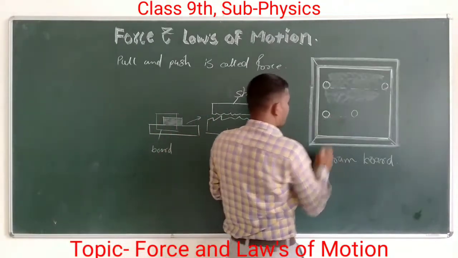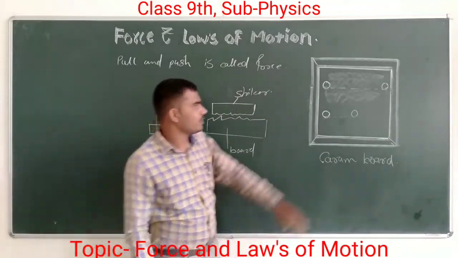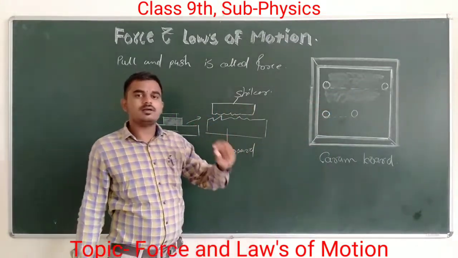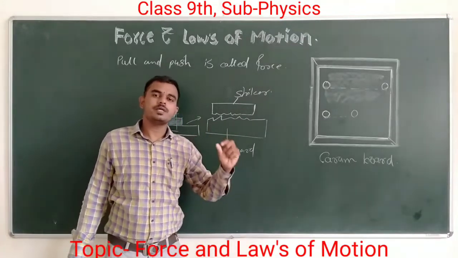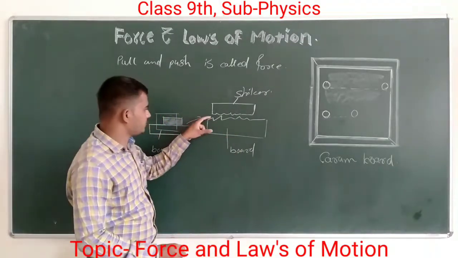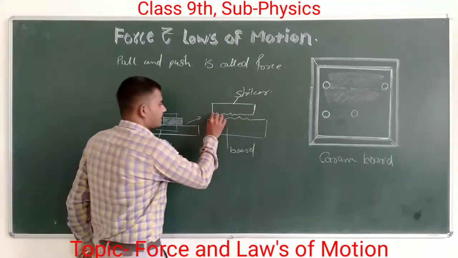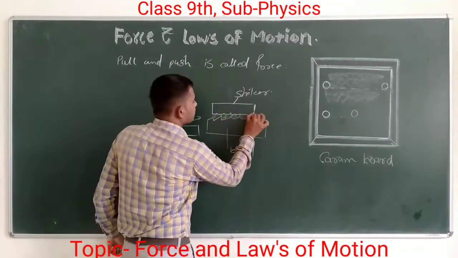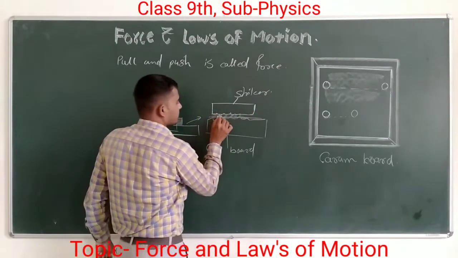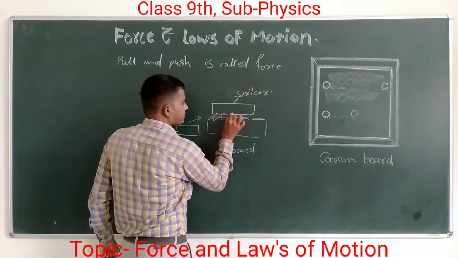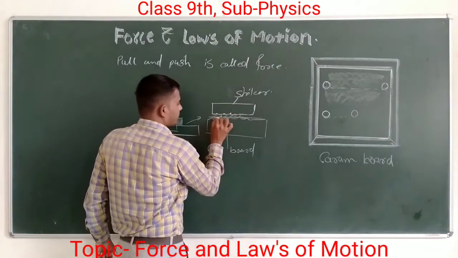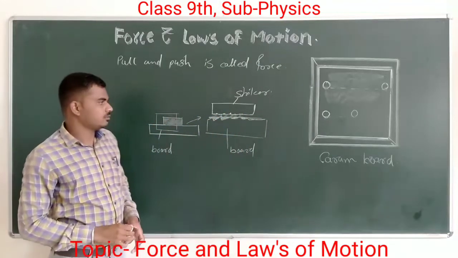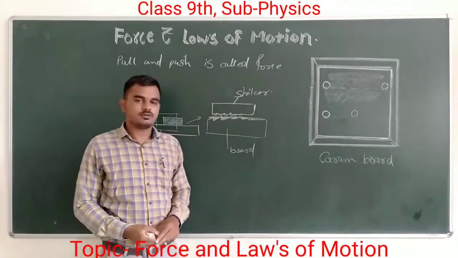In the further example, if we apply powder on the board, the powder particles are very, very small. These particles fill the gaps, fill the mountains and valleys, and it looks like a smoother surface than in the first condition.